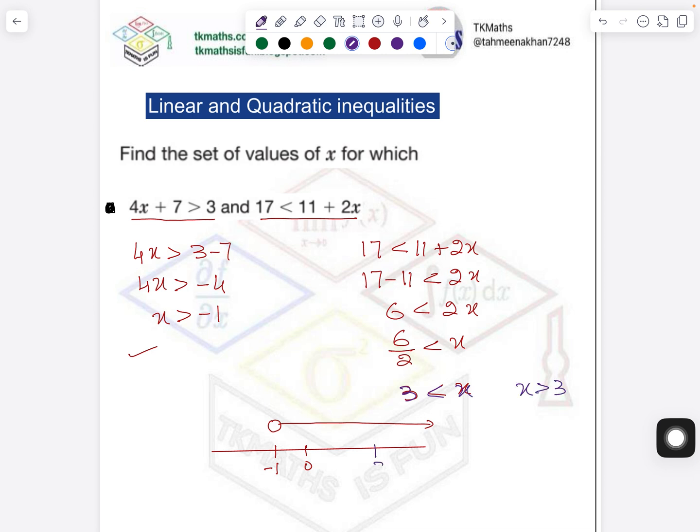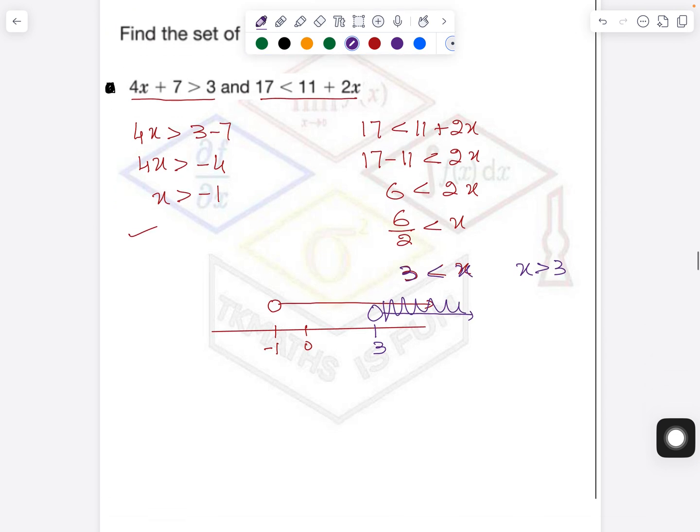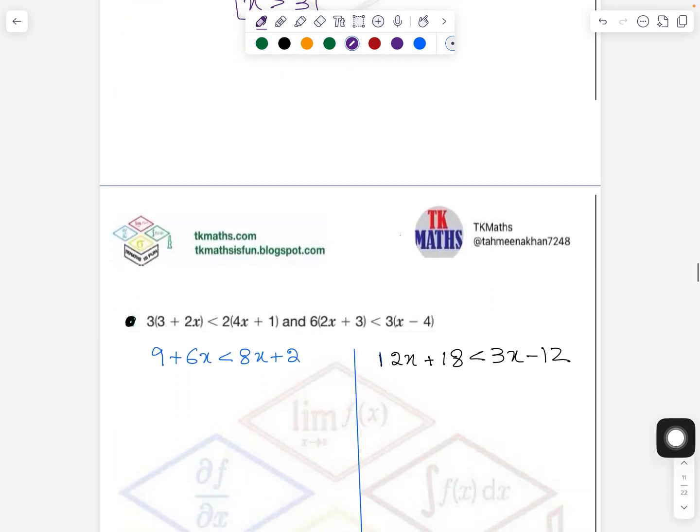So suppose 3 is here. If I say x greater than 3, it means I'm talking about these answers. So which answers satisfy both the inequalities? It is this part. So your final answer will be x greater than 3. Excuse me. I have bad throat right now.